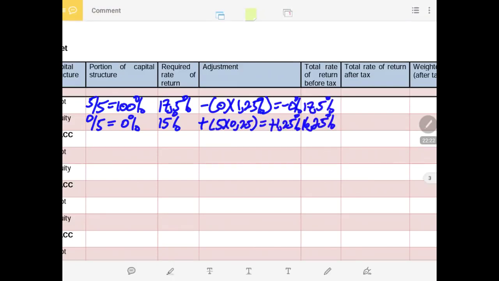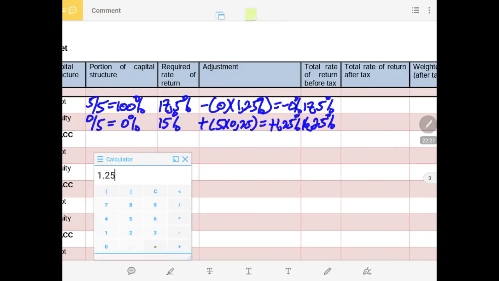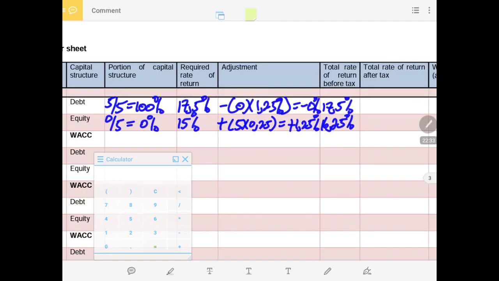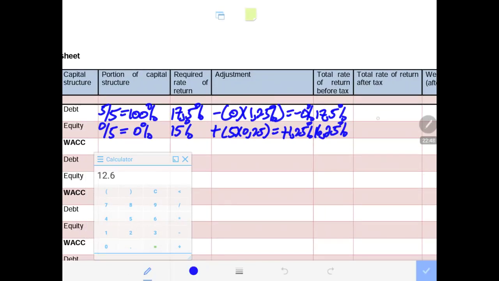Then we go to our return after tax has been accounted for. Remember, debt does attract tax, but equity does not attract tax. Therefore, 17.5 times this by 0.72, meaning after deducting 28%, we get our after tax as 12.6.